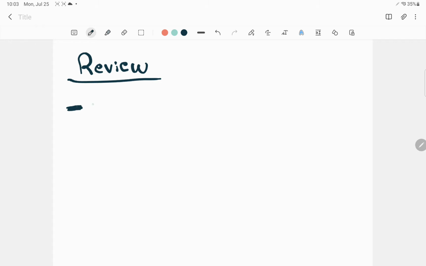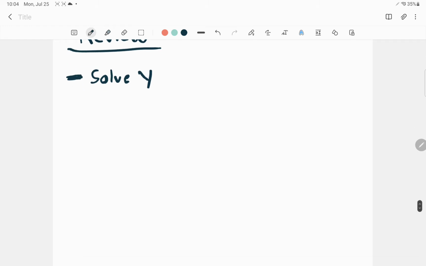But first thing that we're gonna cover is solve for y. This is a review. This is stuff that you should already know how to do. Then the second step is going to be system of equations.